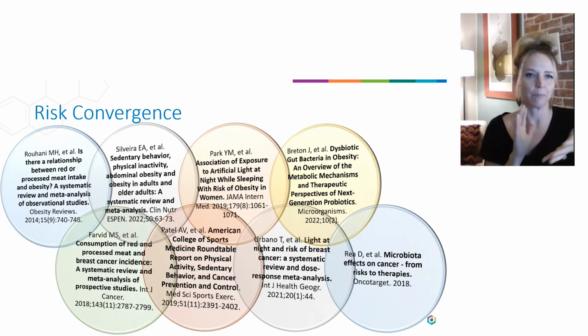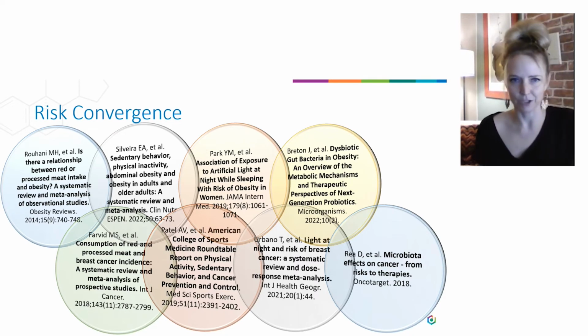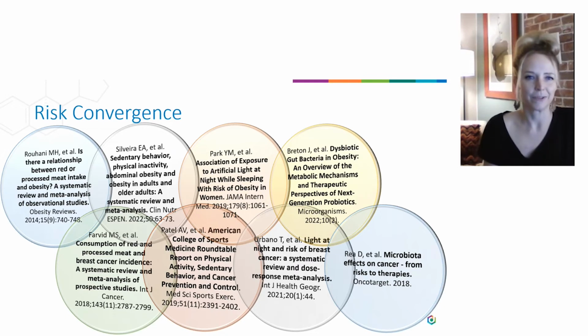If you look up a study on red meat and obesity risk, you'll also find a red meat and breast cancer risk study. And here's sedentary behavior and physical inactivity leading to obesity, and here's one on the same thing and breast cancer. And look at this, light at night, sleep disturbance in obesity, and then that leading to breast cancer.